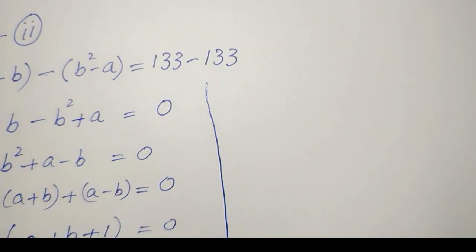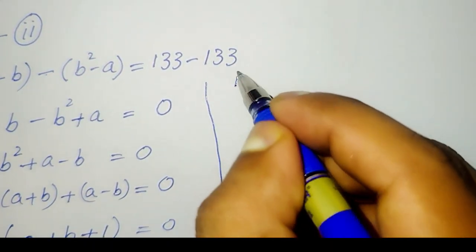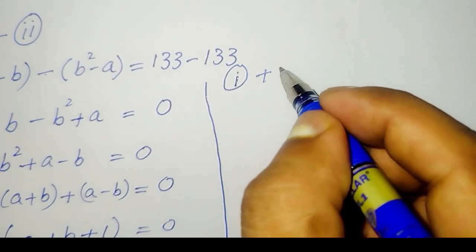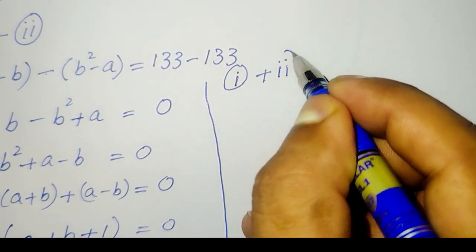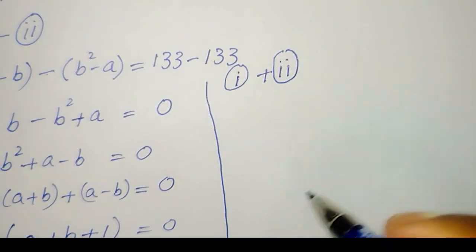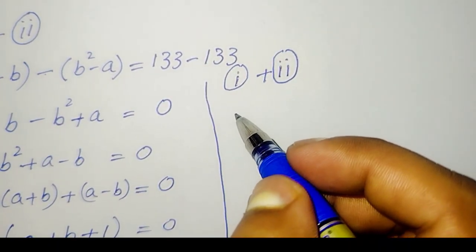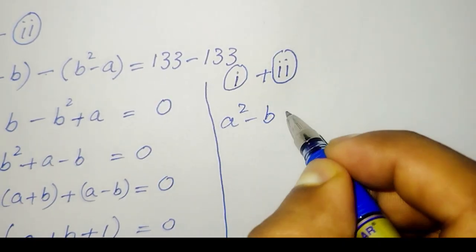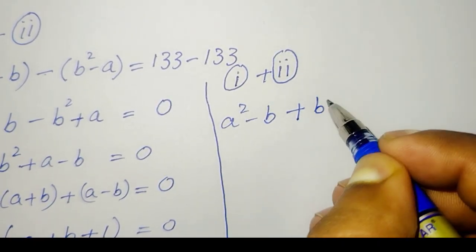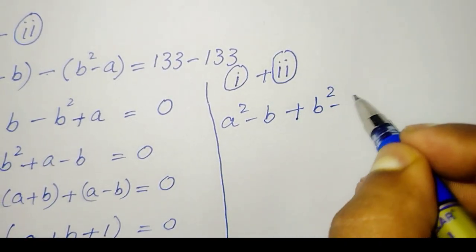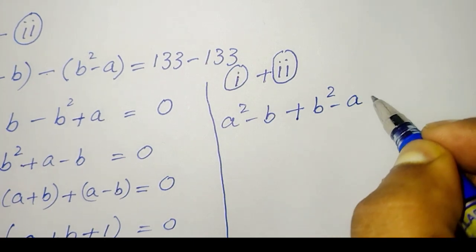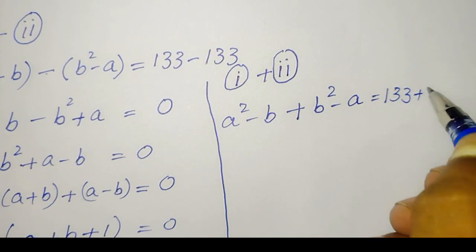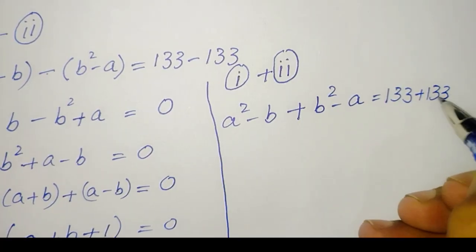Now we add equation 1 plus equation 2. If we add the 2 equations, that is a square minus b plus b square minus a equals 133 plus 133.